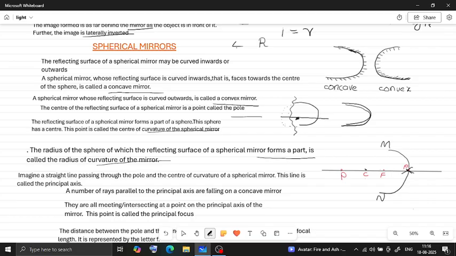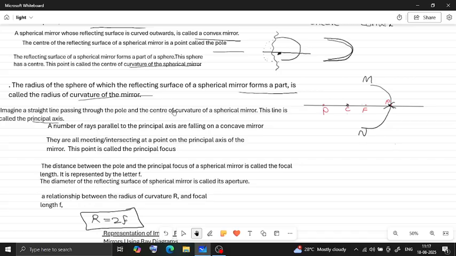Okay. Next, consider a line passing through the center of curvature and the pole. We call it the principal axis. Then consider a number of rays parallel to the principal axis falling on the concave mirror.